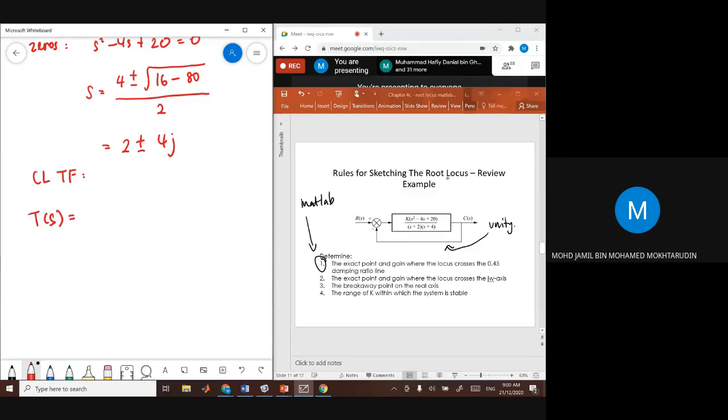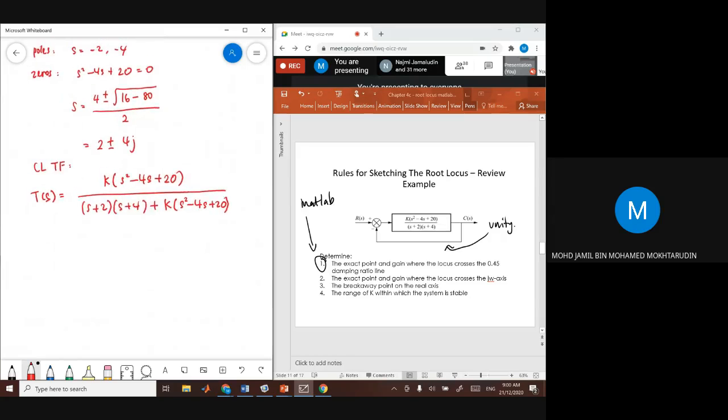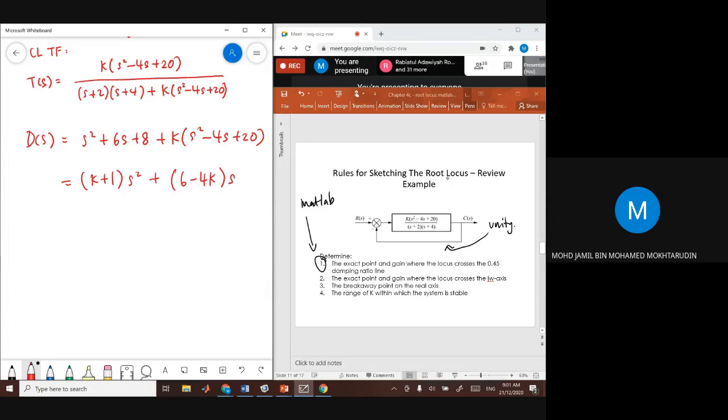Okay, so the closed loop transfer function equals, so the denominator is, okay.